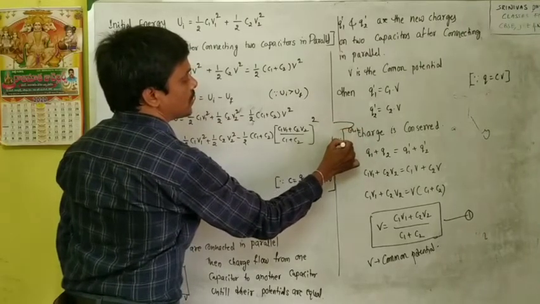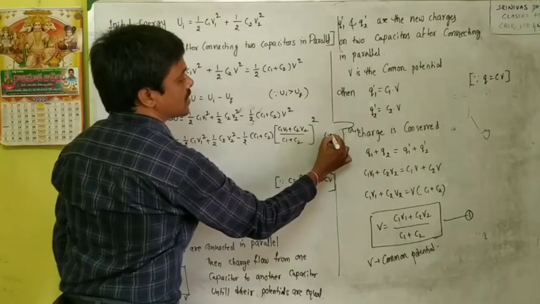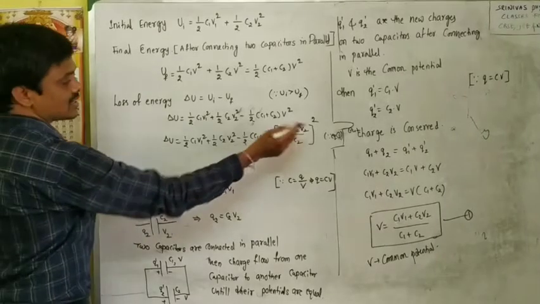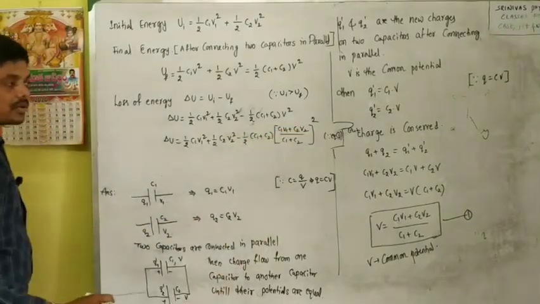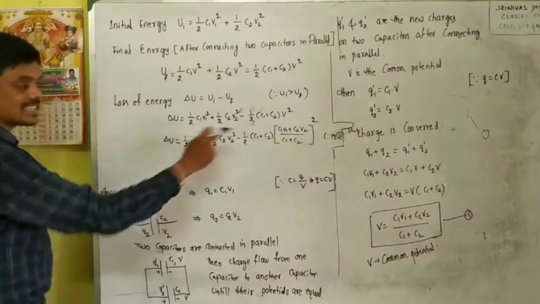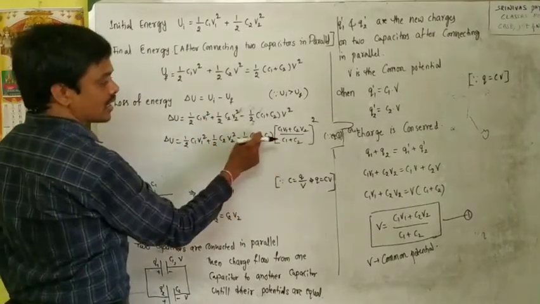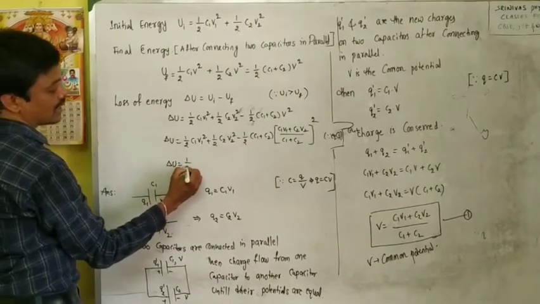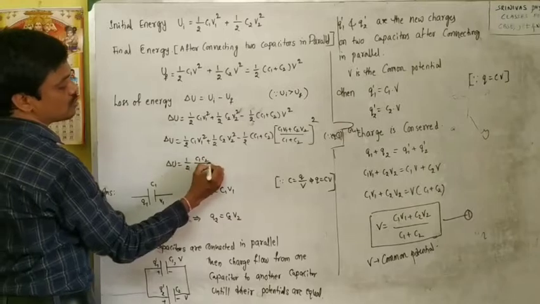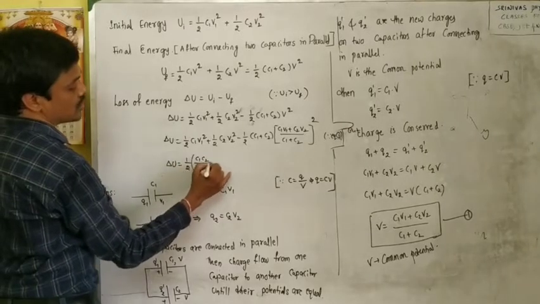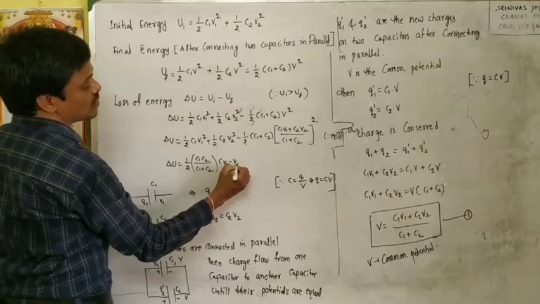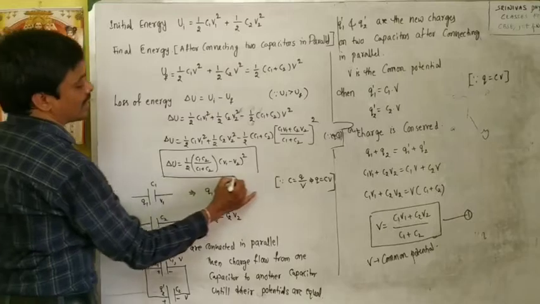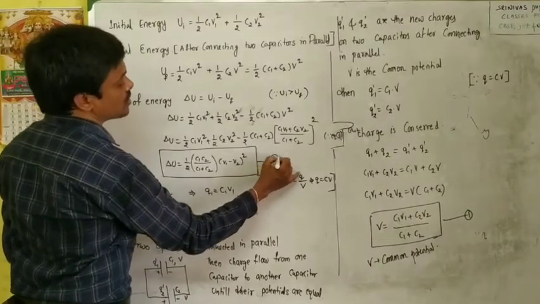Now let us simplify this. Here you can apply the A plus B whole square formula, and take the LCM of C1 plus C2 whole square. One C1 plus C2 cancels, and you can simplify this. I am writing the final formula directly: you will get half C1 C2 by C1 plus C2 into V1 minus V2 whole square. This is the loss of energy. This is equation 2. You can simplify it yourself.